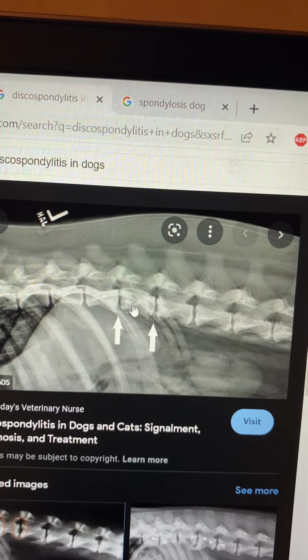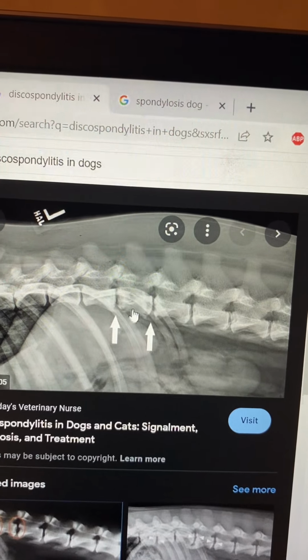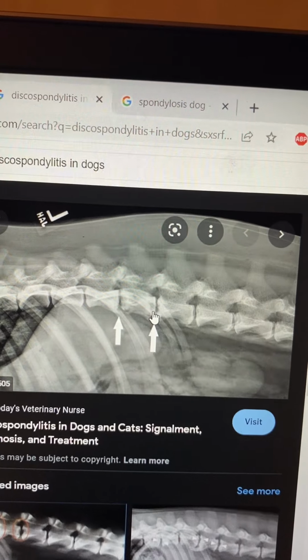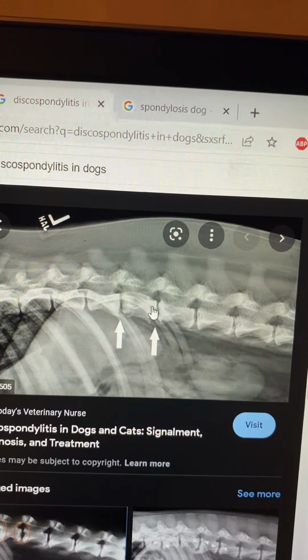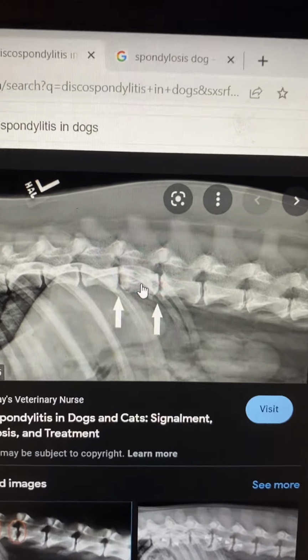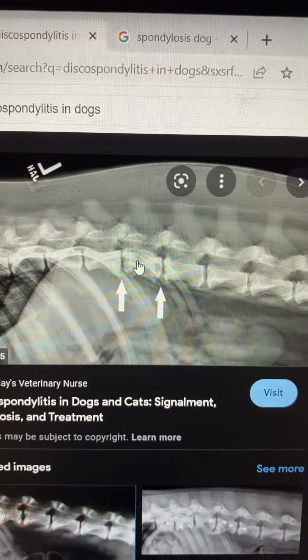They want to show this is how you know it's discospondylitis, not just by looking at the shape, because you can see the views obscured by the ribs, end plate lysis, and some subluxation, meaning it will slide out of place sometimes. We'll mention later that discospondylitis is sometimes referred to as slipping disc disease, because vertebral discs slip out of place.